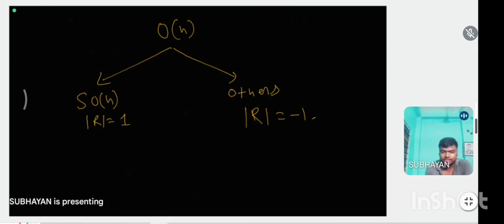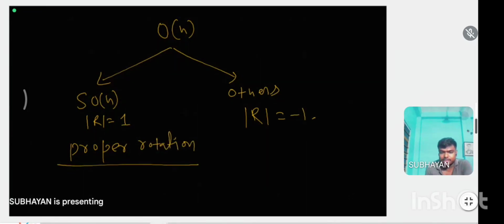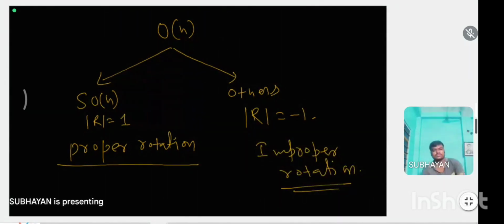So generally, both of these elements can correspond to rotation because these are the outcomes of rotational symmetry. Okay. But this special type of rotation is called proper rotation, and these are improper rotation. Okay, the proper and improper. For improper rotation, you have the determinant equal to -1.